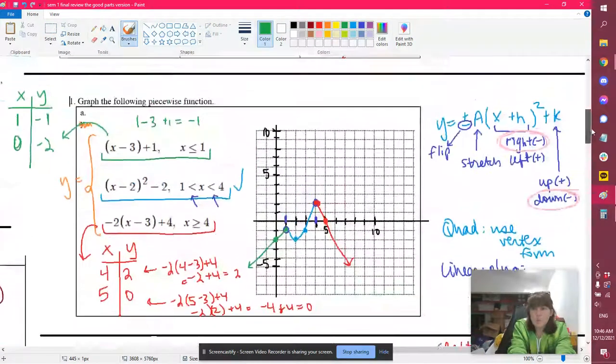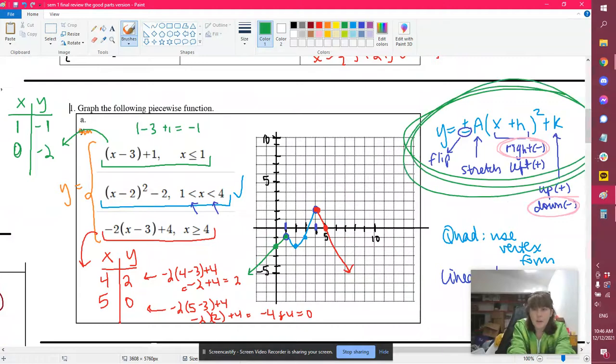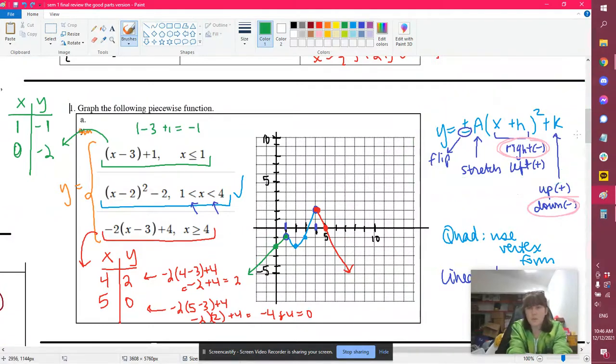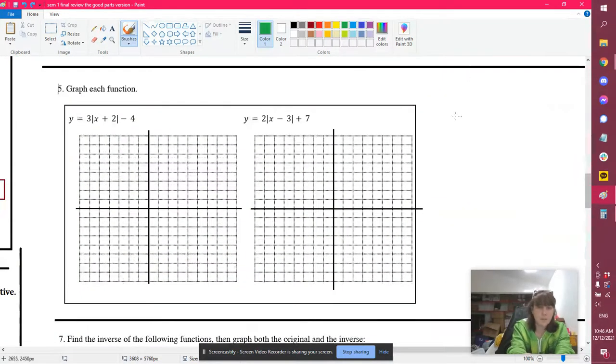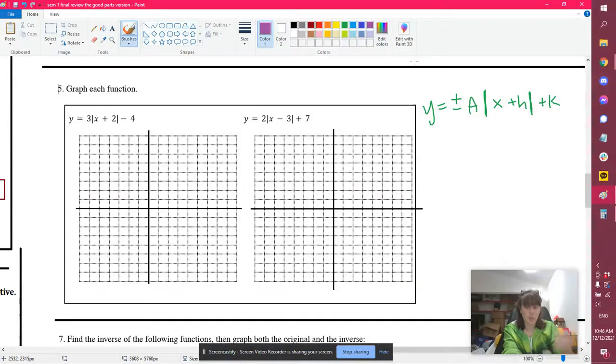Here, we're going to use this vertex format that we used earlier to interpret these 2 equations. Regardless of whether our equation is absolute value or squares or square roots or whatever, the vertex form means the same thing, right?